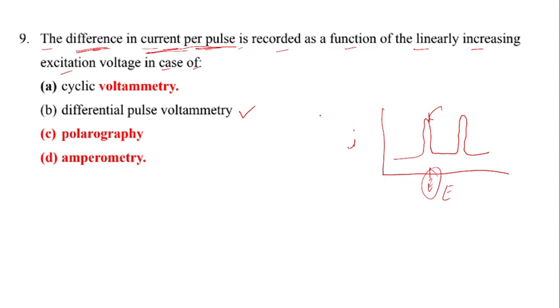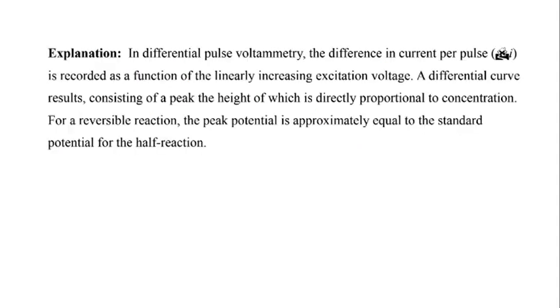You can measure E half and E0 very accurately with this technique. So the explanation: in differential pulse voltammetry, the difference in current per pulse is recorded as a function of linearly increasing excitation voltage. It is linearly increasing excitation voltage and you are also giving pulse voltage.